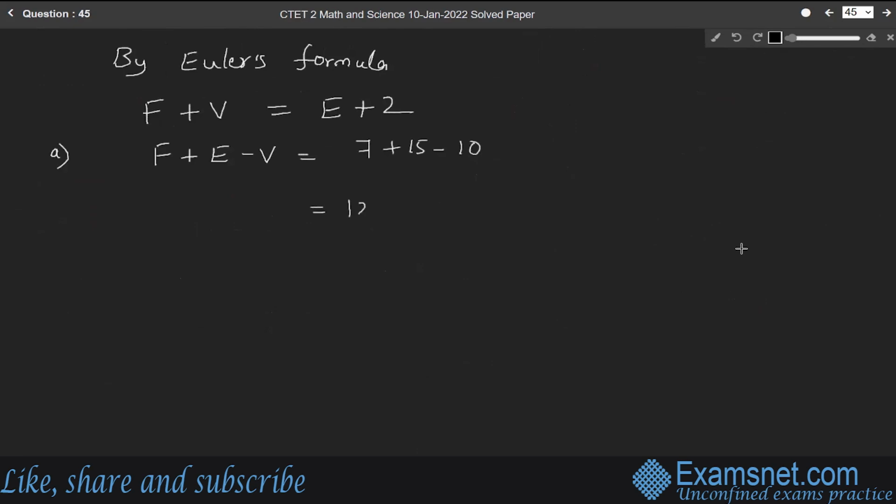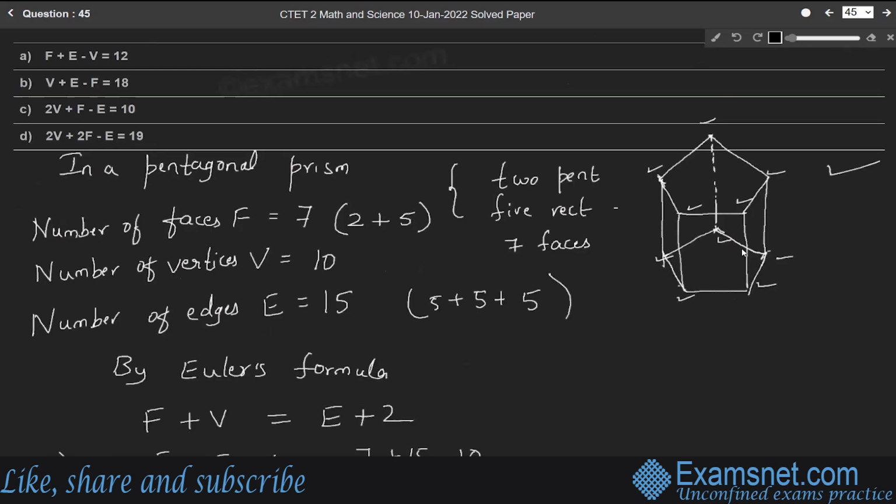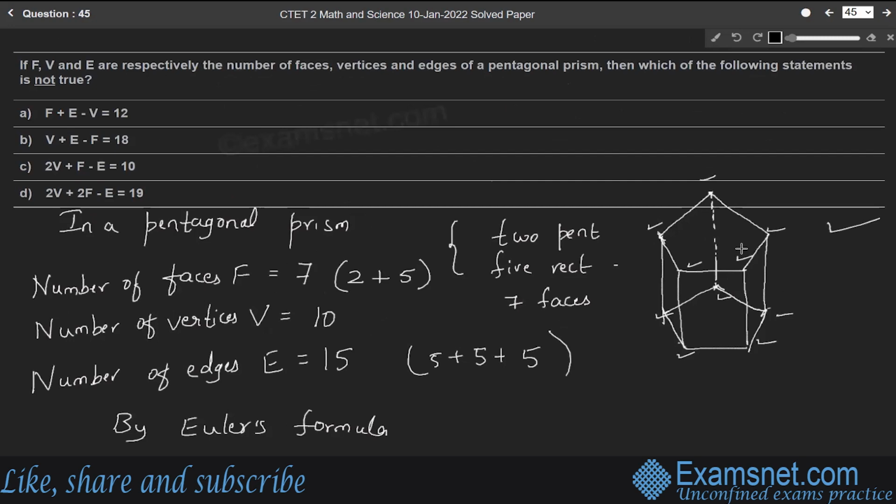That is 12. Right? Therefore, check with the answer. Here in the question, which of the following statements is not true? Therefore, statement A is true.